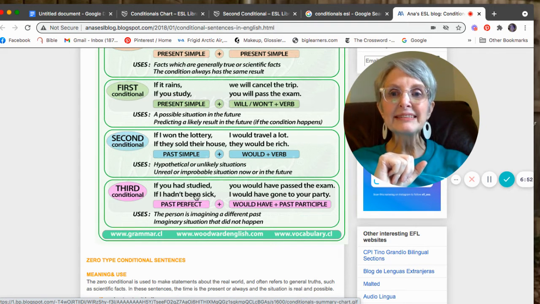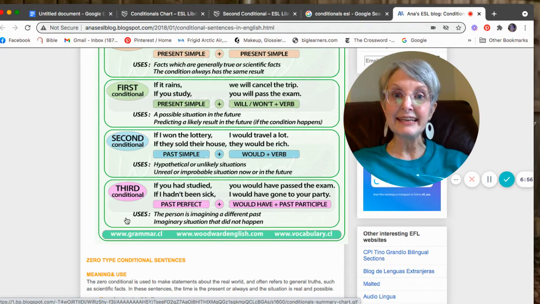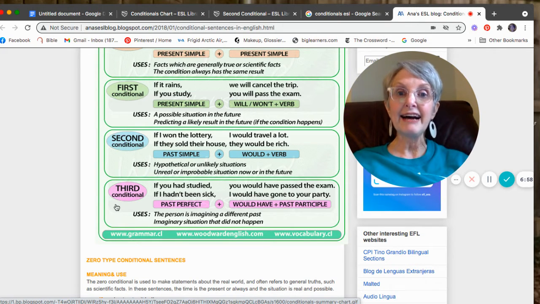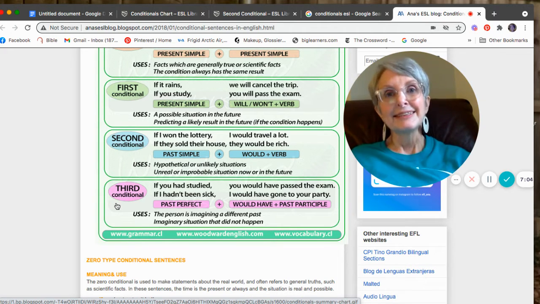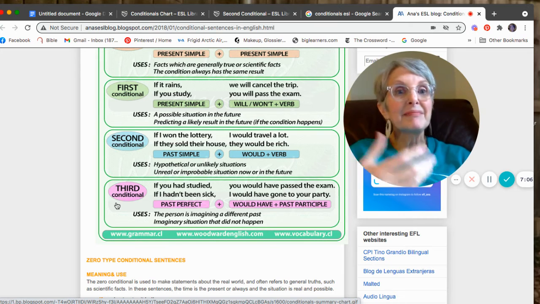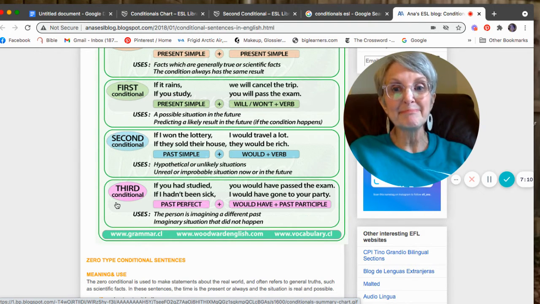All right, so here is an example. You could say, if you had studied, you would have passed the exam. So maybe you wish things had been different. You wish you had studied. If you had studied, you would have passed the exam.